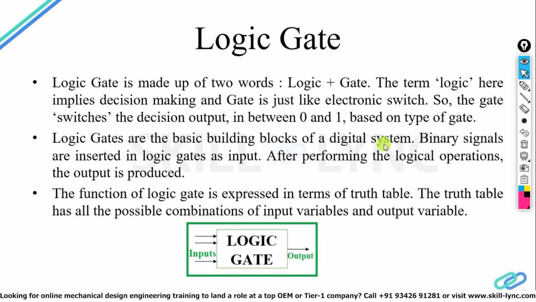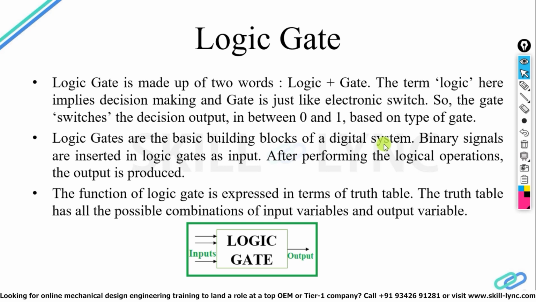Decision making means, for example, you are giving two inputs A and B. It all depends upon the logic, whether we are adding, subtracting or multiplying, and after that we get the output. So it is just the logic and the decision, how it switches between the decision, whether 0 or 1.